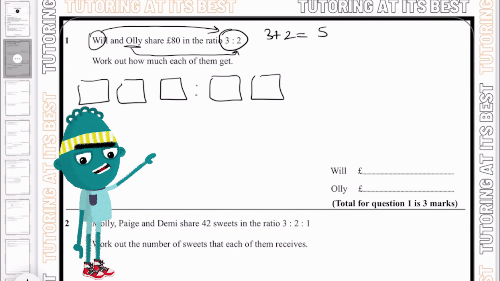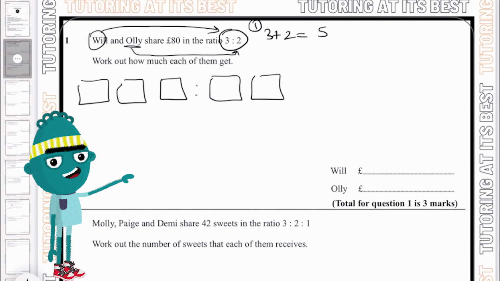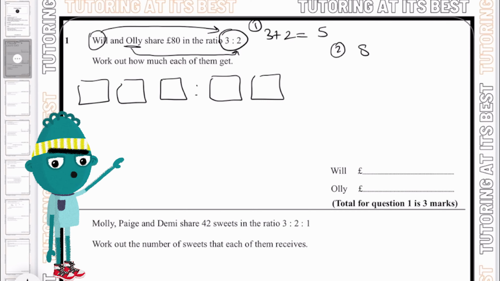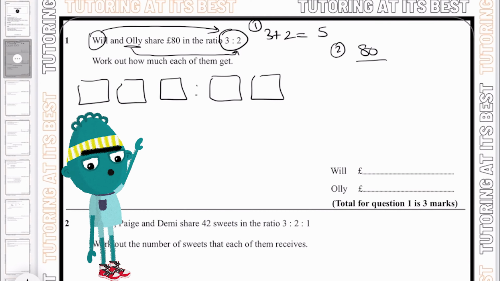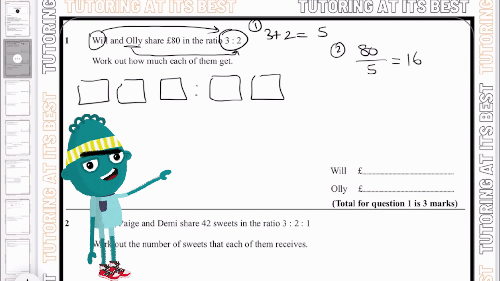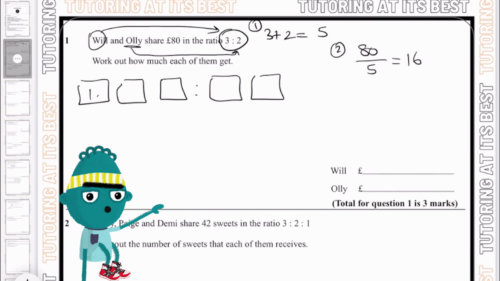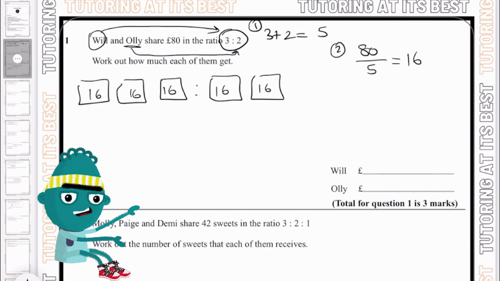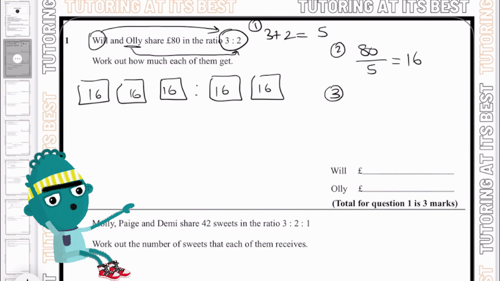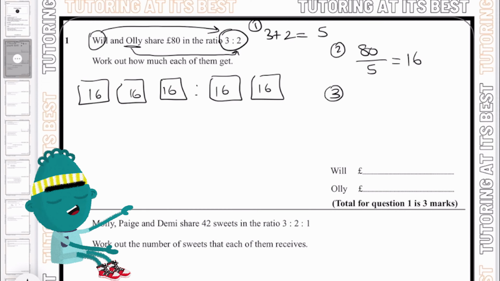So now that we've added our ratio, so that was step 1, we have 5 parts. Step 2 is merely going to be £80, which is our amount, divided by 5, which gives us 16. So now we know one part is 16. And then the final part is multiplying them out to work out what each person gets.